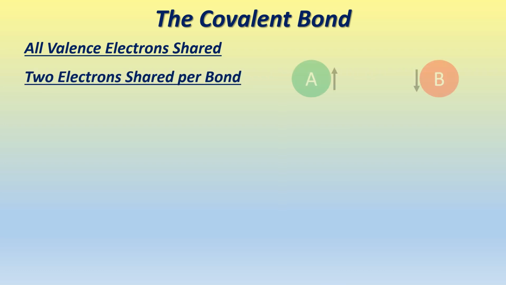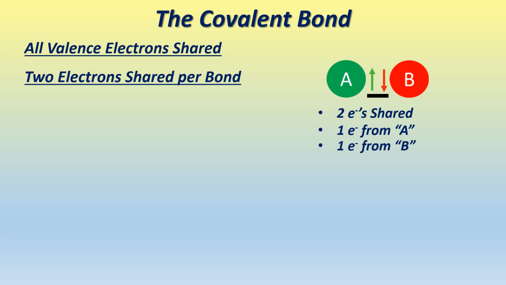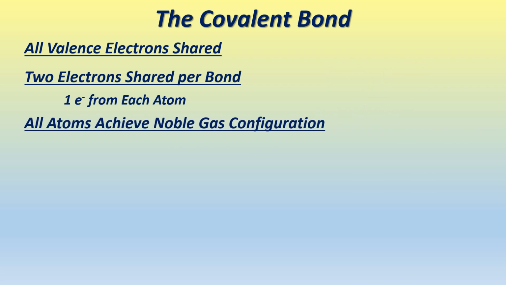Each bond consists of 2 shared electrons, where one electron is provided by atom A and the other electron is provided by atom B. Also, at the end, when all the electrons are shared and redistributed, every atom within the molecule will achieve noble gas electron configuration.